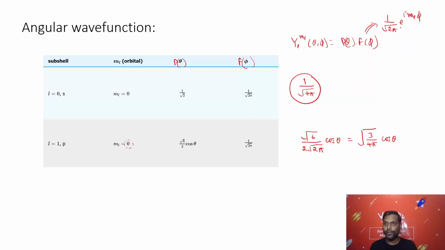That is why the angular wave function is independent of phi for all those orbitals which have 0 ml, because when you put ml as 0 in this, it would be 1 and it will be independent of phi. Those orbitals which have a non-zero ml value, whether it is +1, -1, +2, -2, +3, -3, whatever, they will contain the phi term.